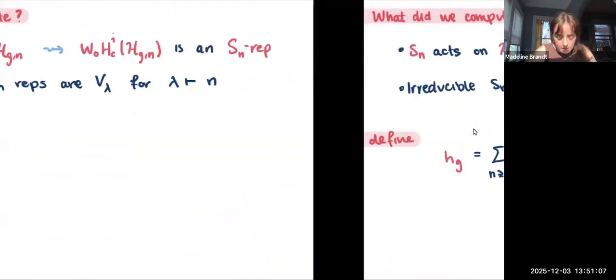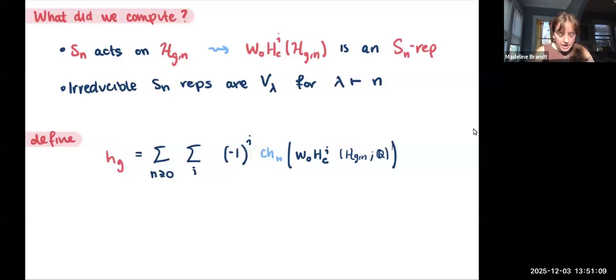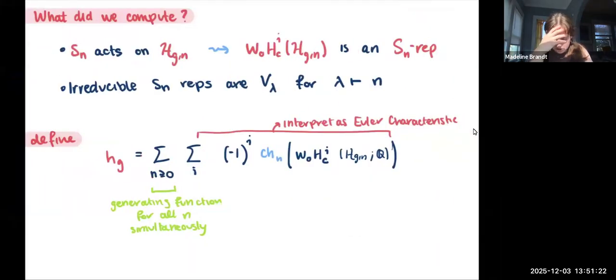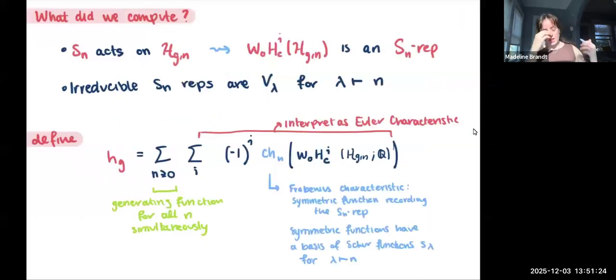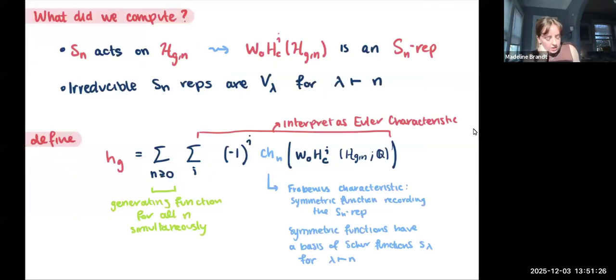Okay, so then we computed something called the Sn equivariant Euler characteristic of HGN. I'll just say how to think about this. It's a generating function for all n simultaneously of an Euler characteristic of something called the Frobenius characteristic.